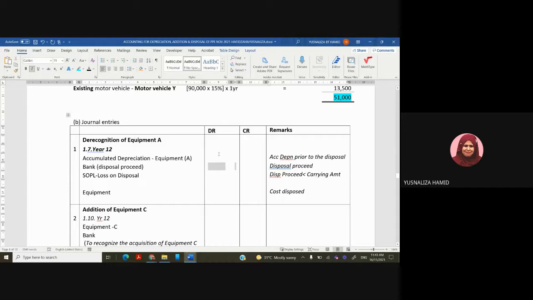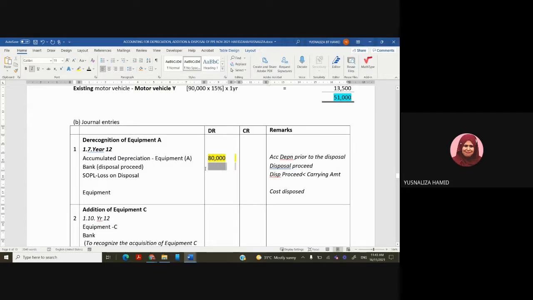So remember, in the current year, we do not provide any depreciation for equipment A because we use the yearly basis. However, there was previous depreciation of 80,000 that came from the previous year. So that one must be eliminated.